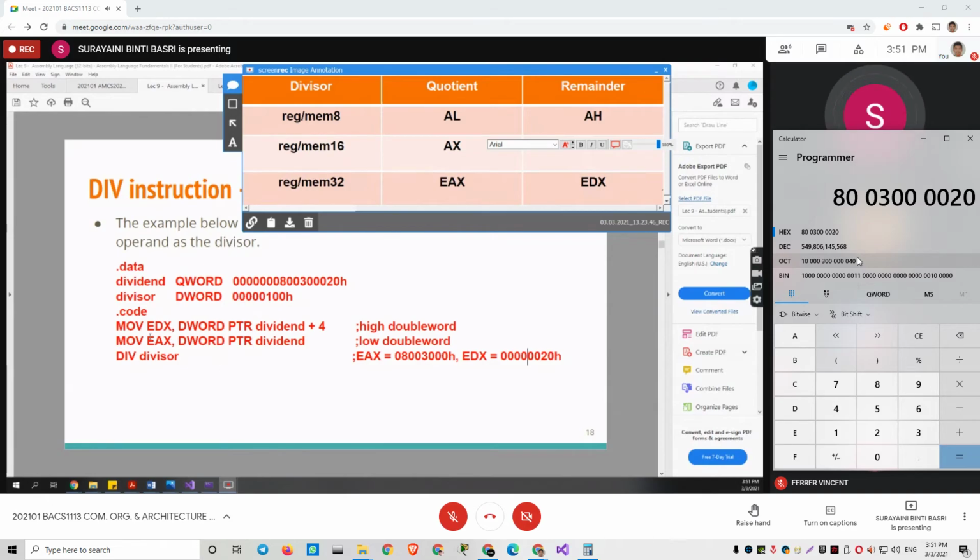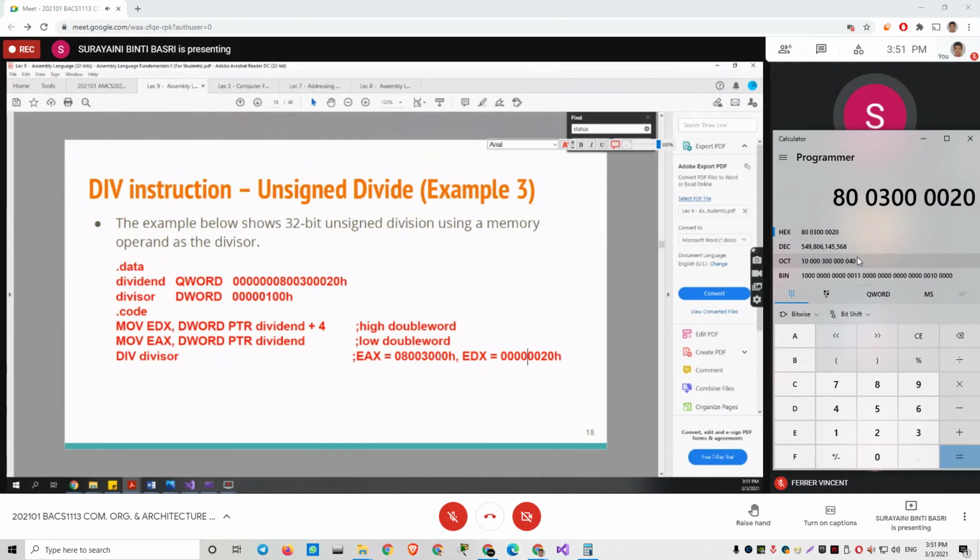Okay, so when you do the division, it will replace the dividend that we previously assigned to EDX and EAX, and it will replace it with the value of the quotient in your EAX and the remainder in your EDX.